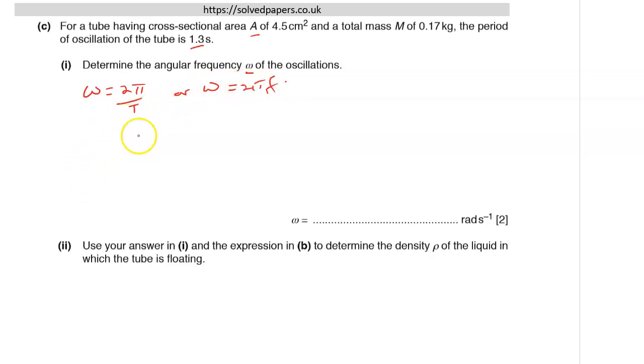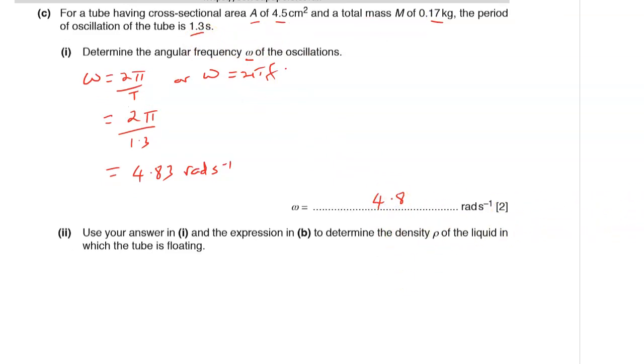We are given T here, so we use 2 pi over 1.3 seconds. Correct evaluation will give us 4.83 radians per second. That is angular frequency. I can give it in 2SF, because all the values are given in 2SF, so that the answer doesn't seem more correct than the raw data.